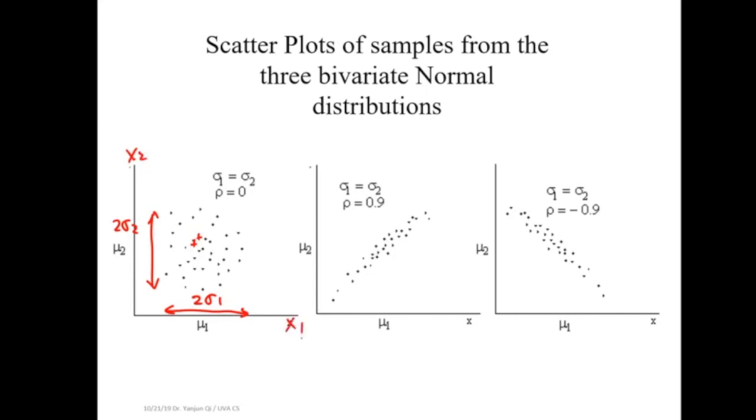But when rho is very positive, what you're going to observe is not this nicely rounded data distribution anymore. What you're going to observe from your sample data is quite a narrow band, close to the x1 equals x2 line.